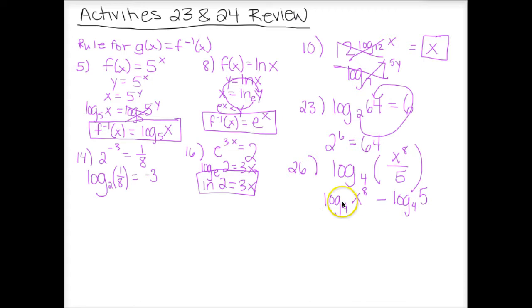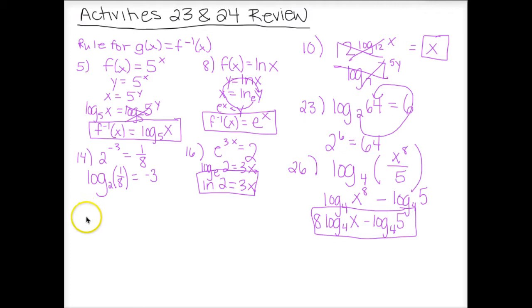Then you look at each of those logs and see if they simplify any further. This right here is a power, so your power property tells you that that can become a coefficient. So 8 log base 4 of x would be the simplified version of this, and then minus log base 4 of 5 because there was nothing else to simplify there. So that's an example of expanding.